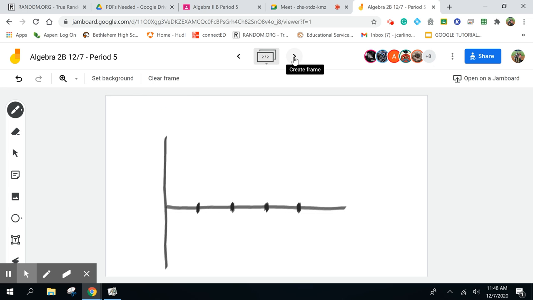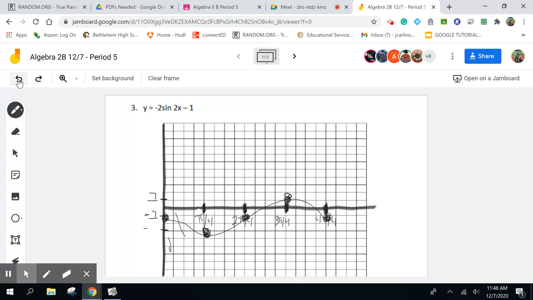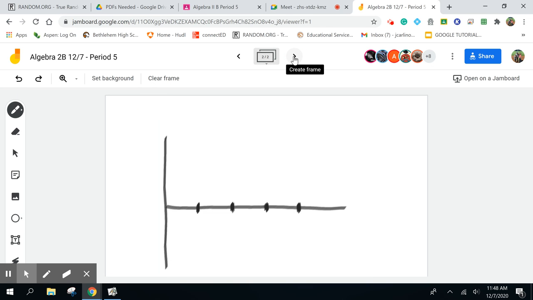Whoa, are you kidding me? Oh boy, this is not going to be pretty for somebody. Just deleted the screen. That's how we're doing this? Correct set background. It should change it, I think. No, it won't.